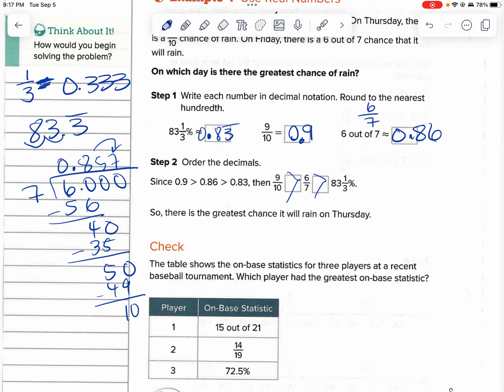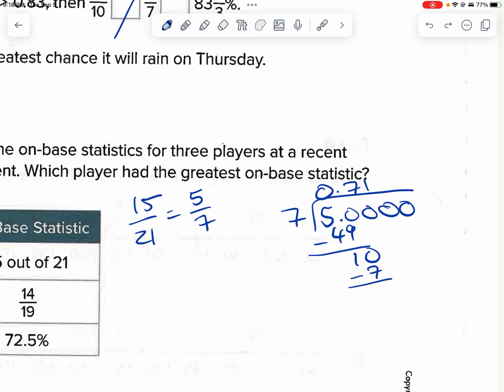It doesn't say to round. 7 goes into that. That would get me 49. 7 goes into that 1 time. That'll get me 3. 7 goes into 34 times.